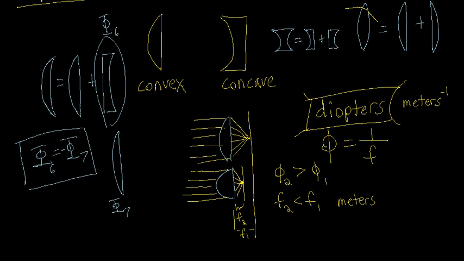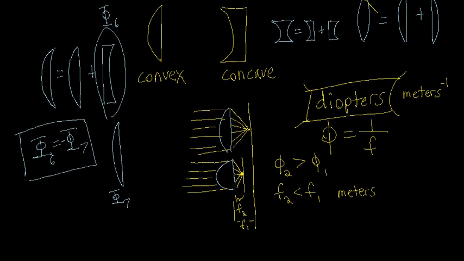So the last time I went into positive focusing power where light actually converges to a point. What does it mean to have negative focusing power? What does this mean? It means this. I'm going to make a concave lens, and normally you would say the focal length on this side of the lens would be here, like it was in these cases.